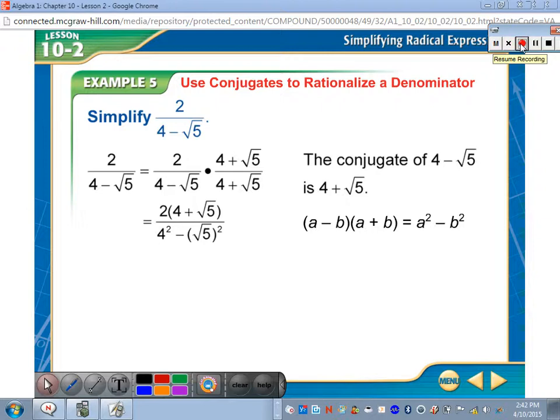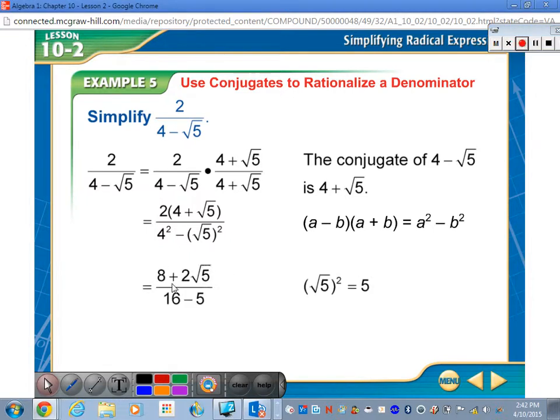All right, everybody. Had to stop for a minute, but that's okay. Okay, so you end up here with your 16 minus 5 because these two cancel. They always cancel. So basically you take 4 times 4, and then negative square root of 5 times positive square root of 5. That's where they got that. Okay? And then the top is just 2 times that whole thing.